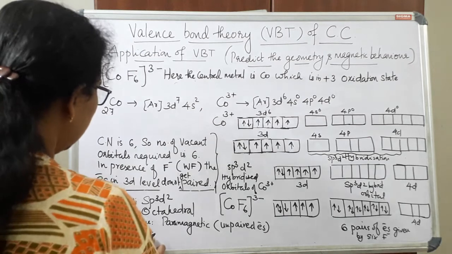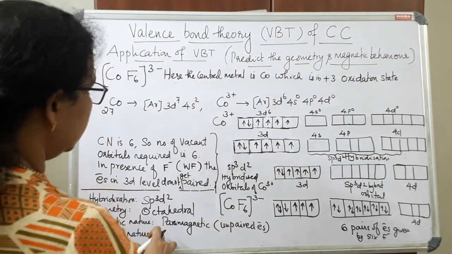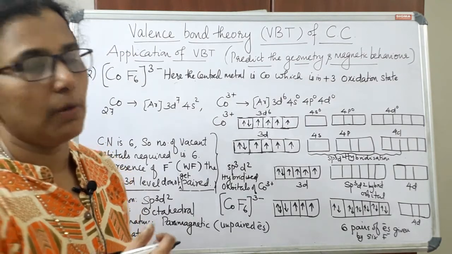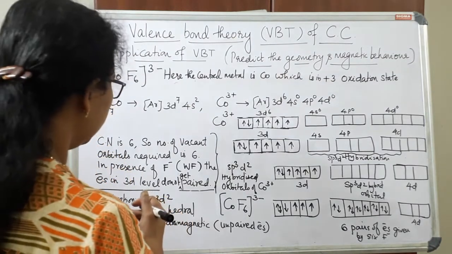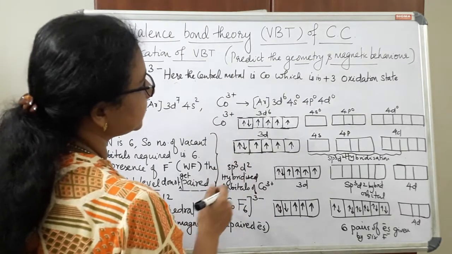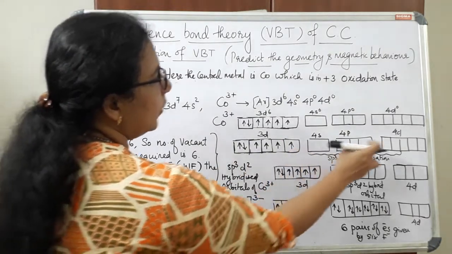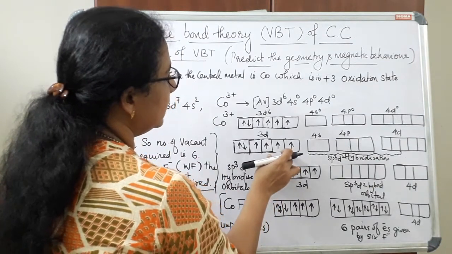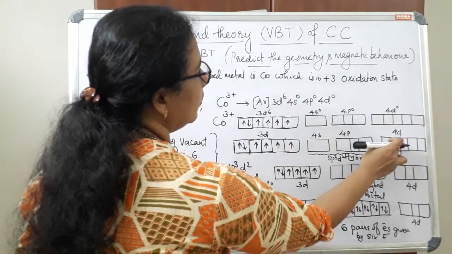Then comes the complex nature: whether it is a high spin complex, an outer orbital complex or an inner orbital complex. In this case, the outer d orbital, not the inner orbital, takes part in hybridization. The inner d orbital is 3d, and 4d is the outer orbital.